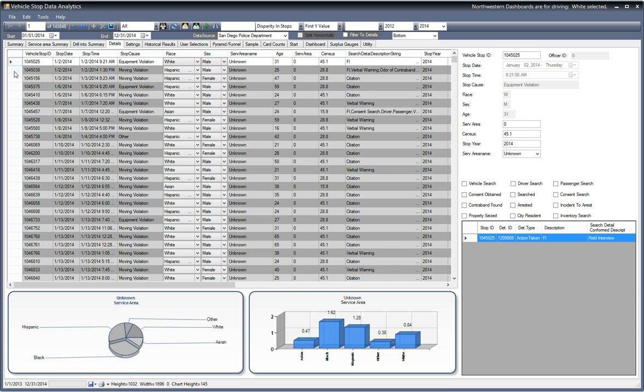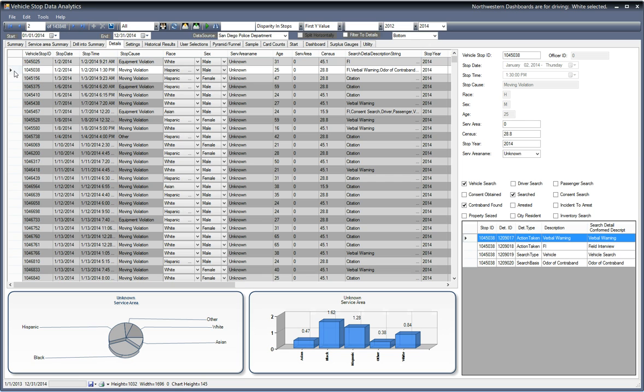The second record shows many more things happening after this person was stopped. They first received a verbal warning, subjected to a field interview, had their vehicle searched, and someone detected the odor of contraband, and so on and so forth.